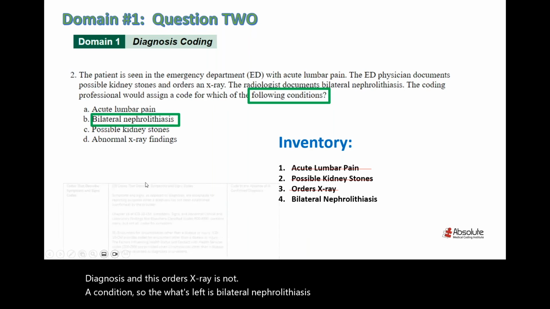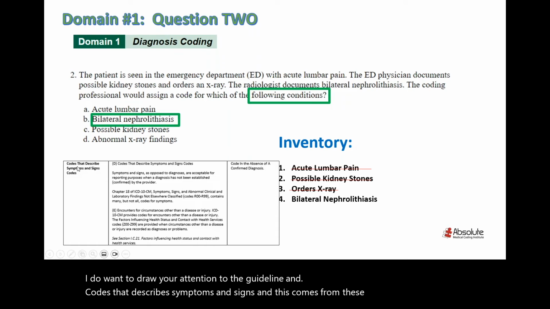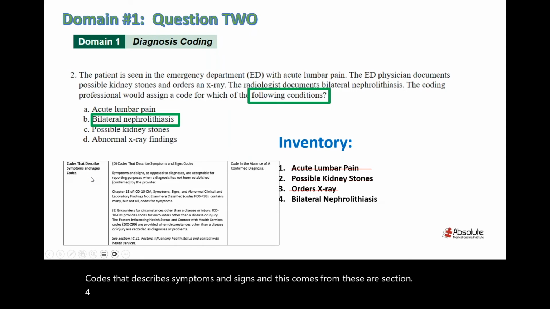So I do want to draw your attention to the guideline on codes that describe symptoms and signs. This comes from Section 4, outpatient coding, and codes that describe signs and symptoms.